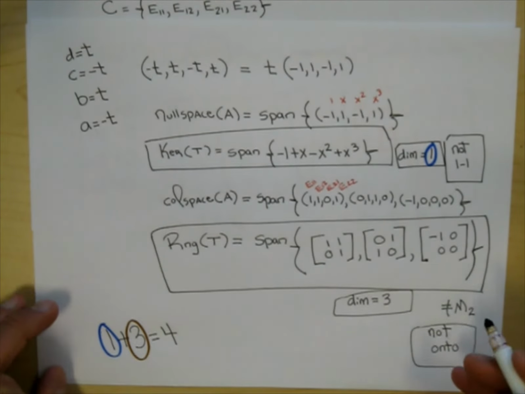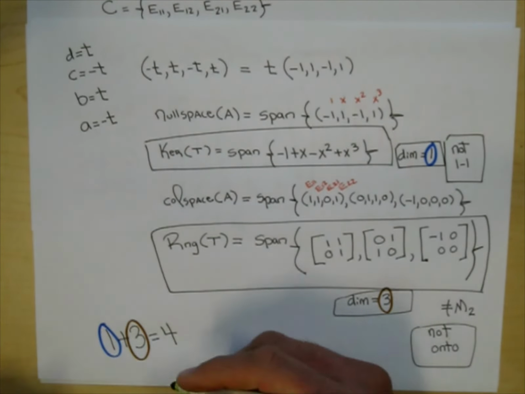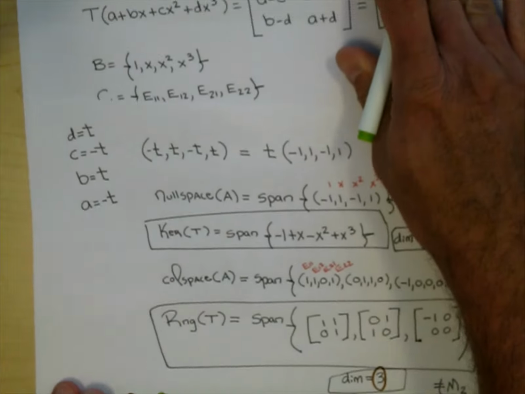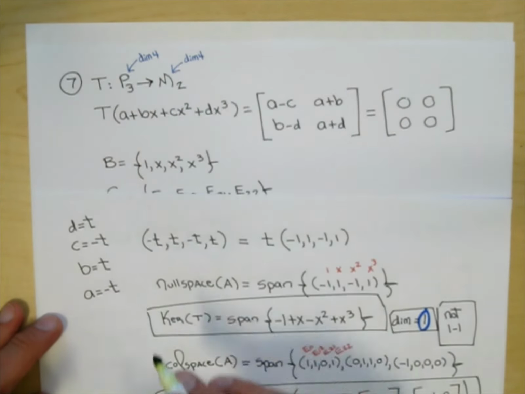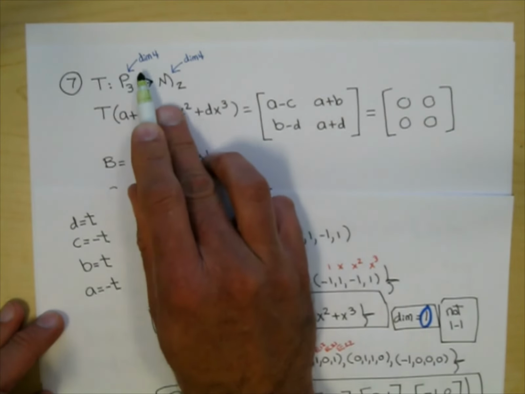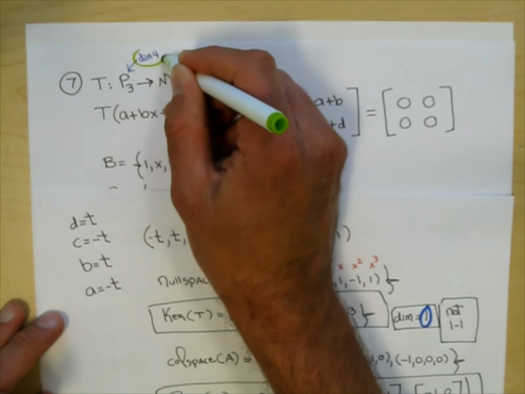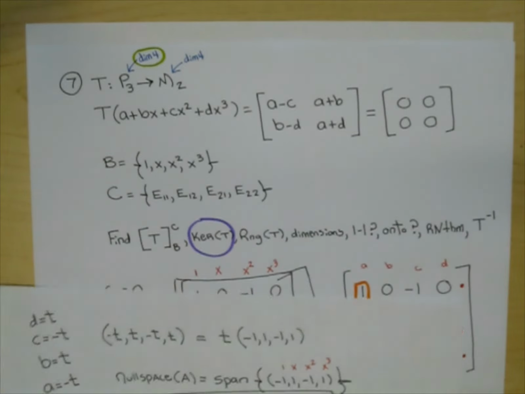That is the dimension of the range, and then this weird kind of green color, 4, that is the dimension of, what is it? Is it this 4 or that 4? This is very important. It happens to be the dimension of the domain. Okay? So that's the general rank-nullity theorem.